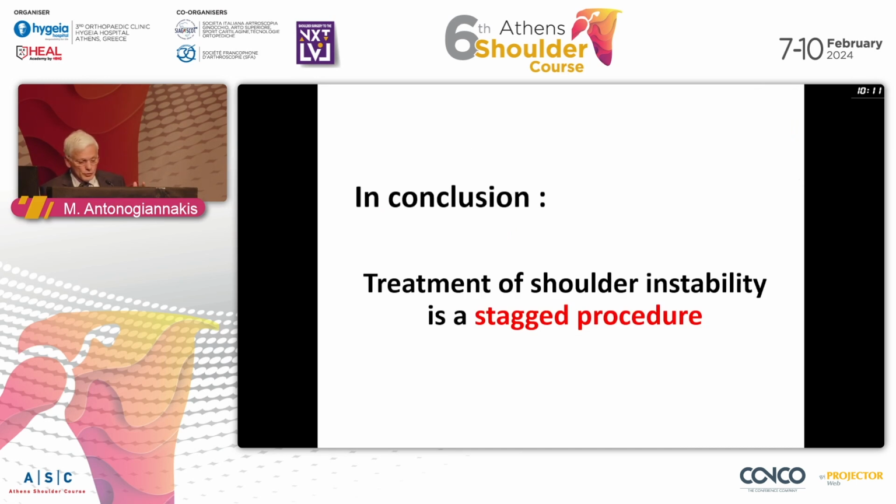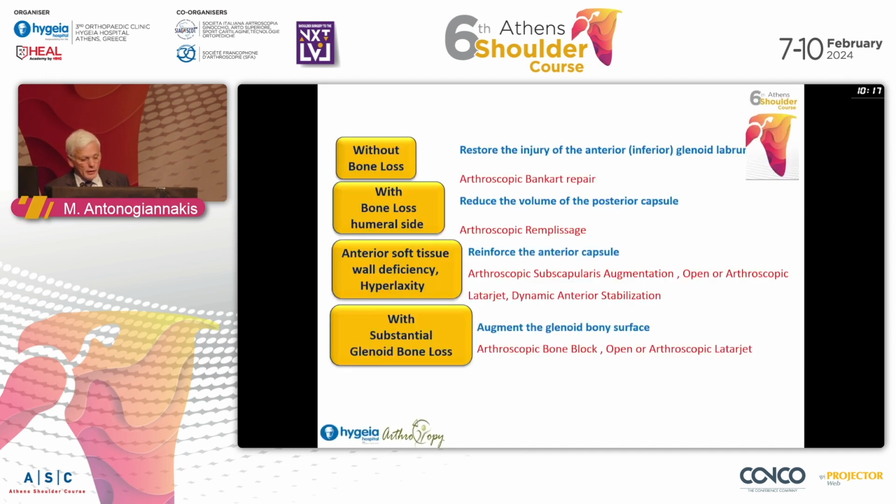So, in conclusion, what is nice is that now treatment of shoulder instability is a staged procedure. We can start without bone loss and perform an arthroscopic Bankart repair. But if we are not satisfied with the quality of the capsule, we can reinforce the anterior capsule either with ASA, or Latarjet is also reinforcing the anterior capsule, or DAS.